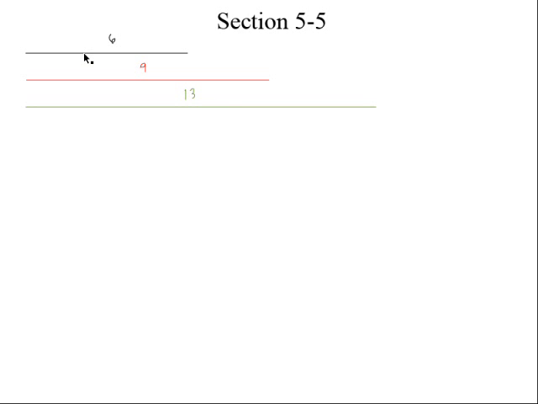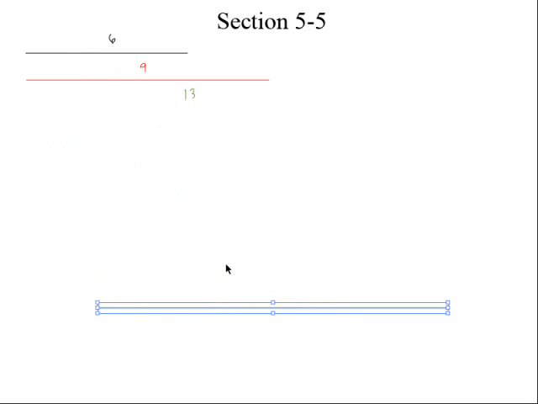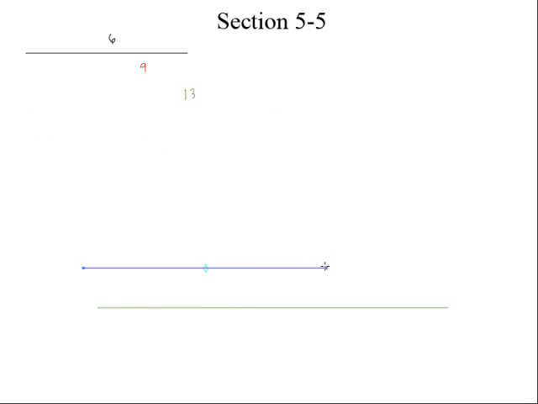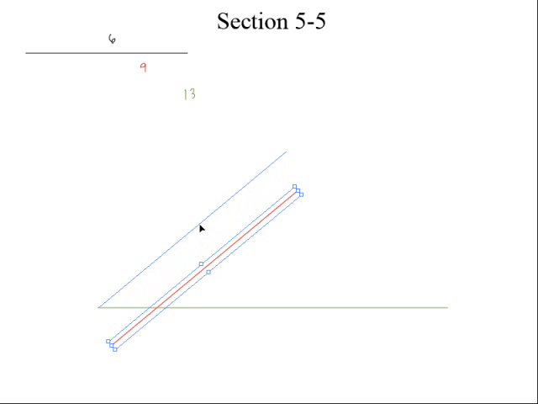Okay, so watch, I got 6 and 9 and 13. Now I can have a triangle out of that because watch, let's take the 13 first and just move it over here. Just have to remember the green one is 13, okay? And we'll take the red one. Now we're going to have to tilt it a little bit, right? Let's tilt it like this. I wish this program would let me take one end and drop it down.